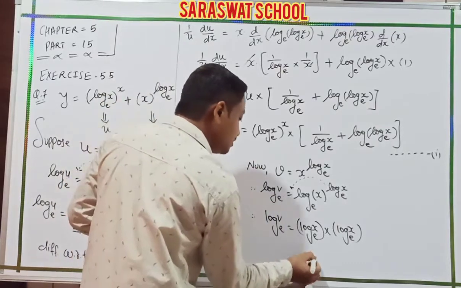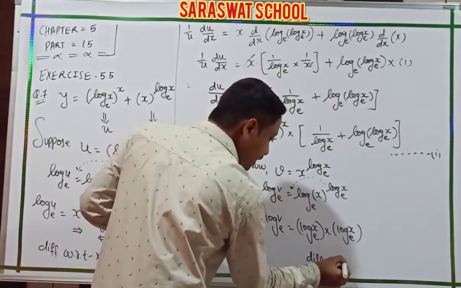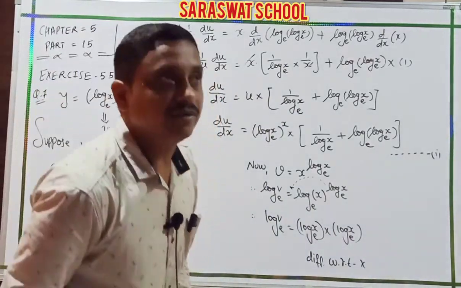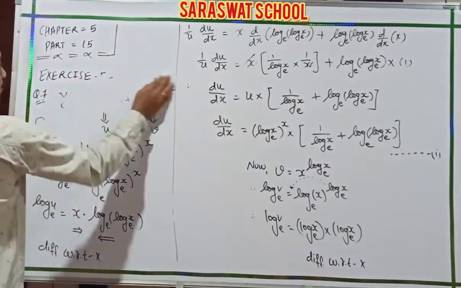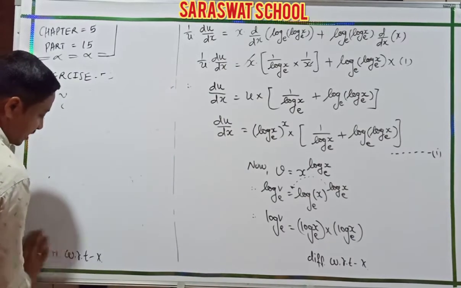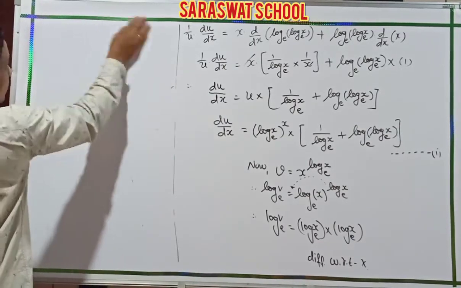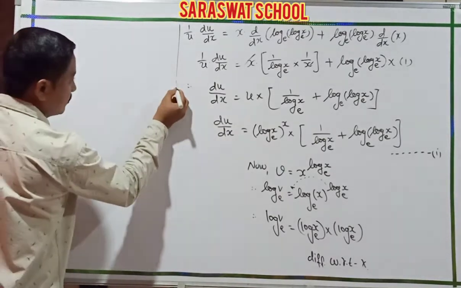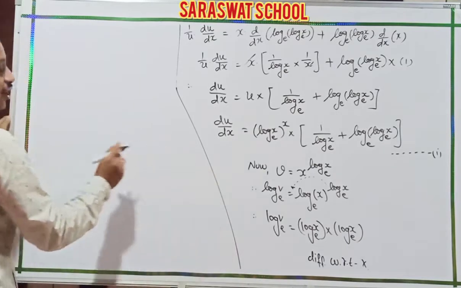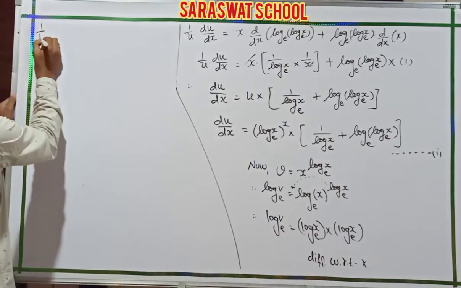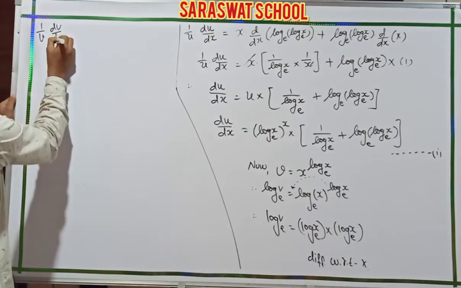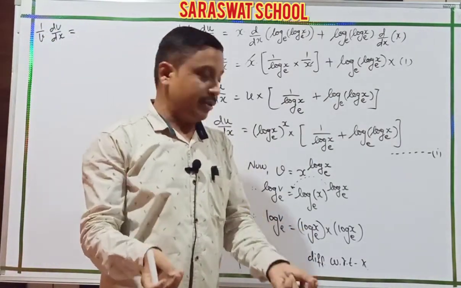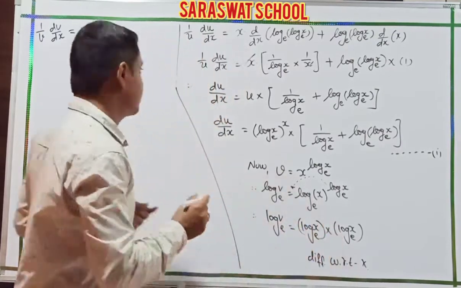So differentiation with respect to x, and one by one we start our derivative. So what is the derivative of log v? 1 by v times dv by dx. And here apply the product rule. You can make it a square also, that is true students.